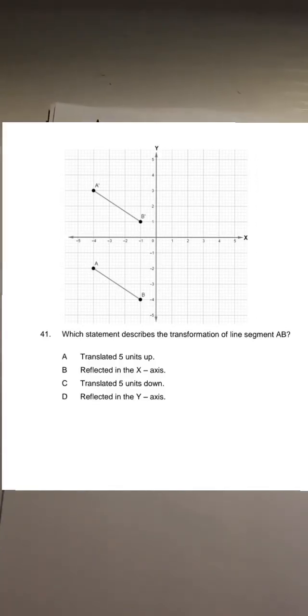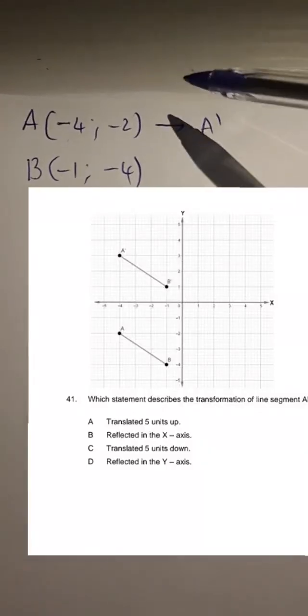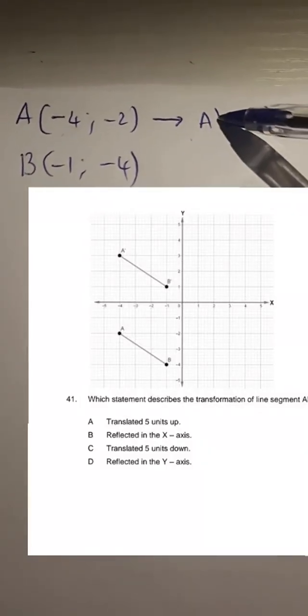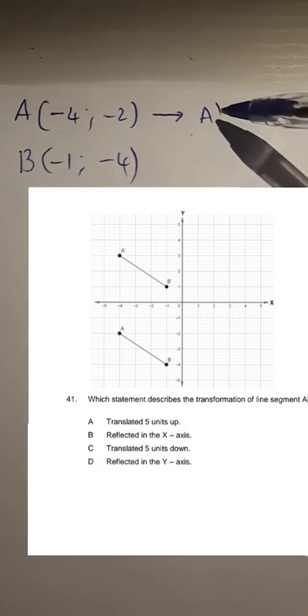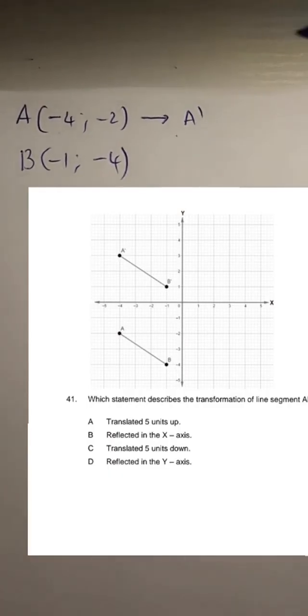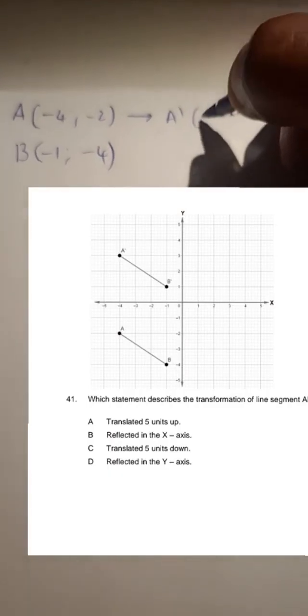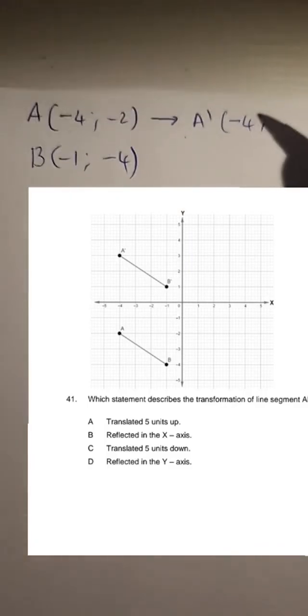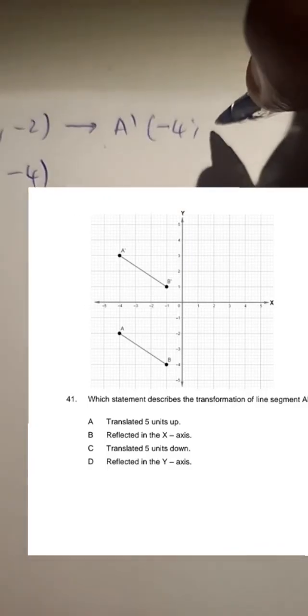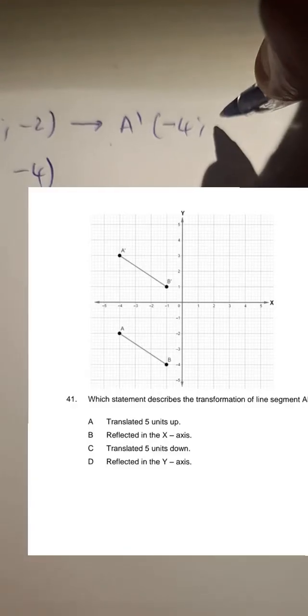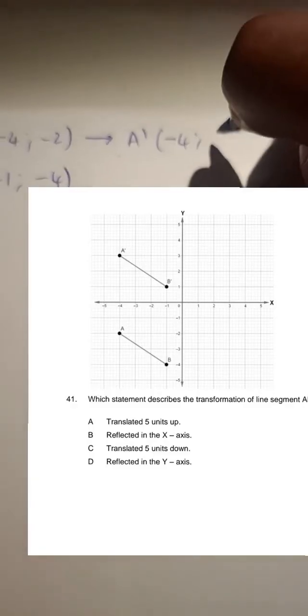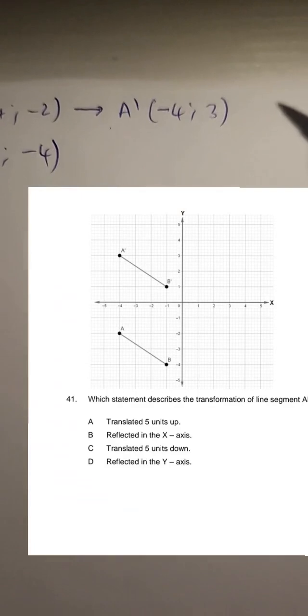The new coordinates of A, I'm sure you can see the line segment in quadrant 2, the x value is still -4, but the y value has changed. It is not -2, it is +3.